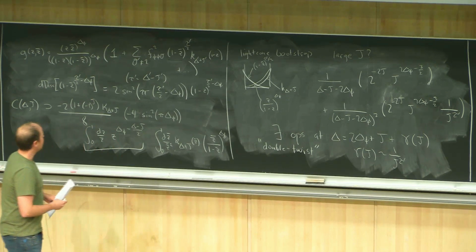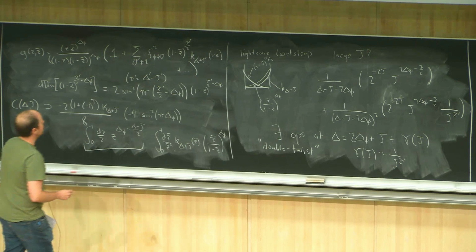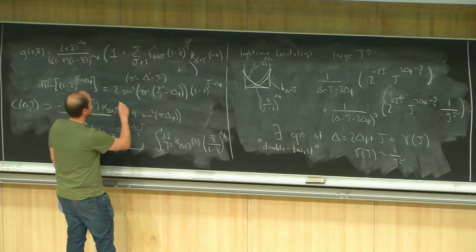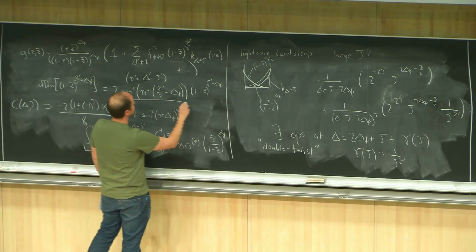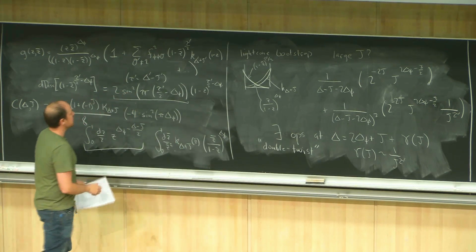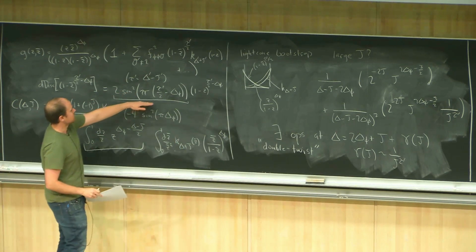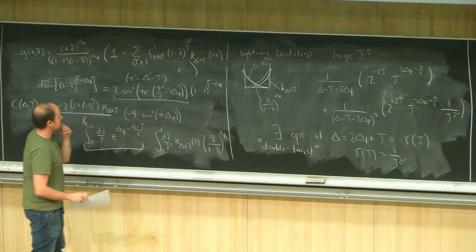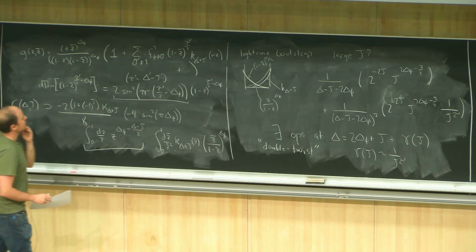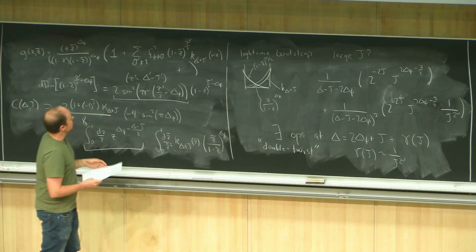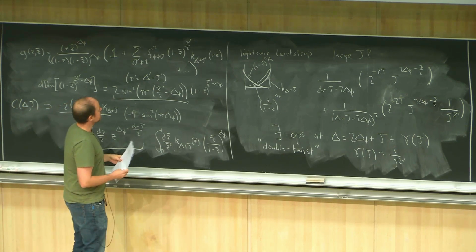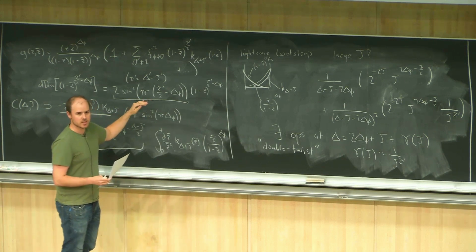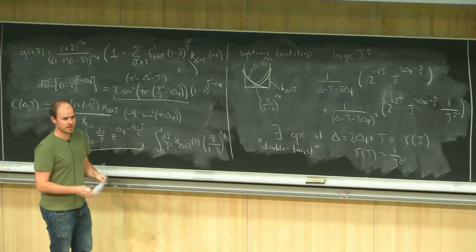And I wanted to say one more thing about why it's so powerful and why people have gotten so much mileage out of it in recent years. It really has to do with this factor. So this factor came from the double discontinuity, and it means that there are certain operators that don't contribute to the double discontinuity, or contribute a very small amount.